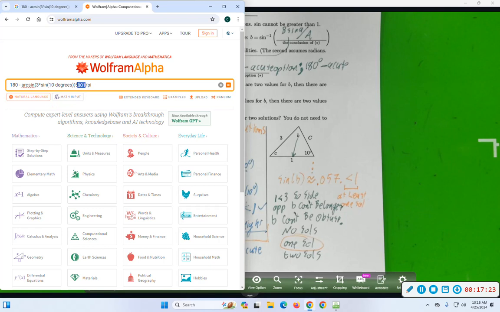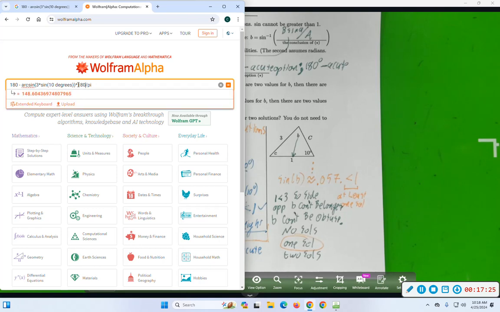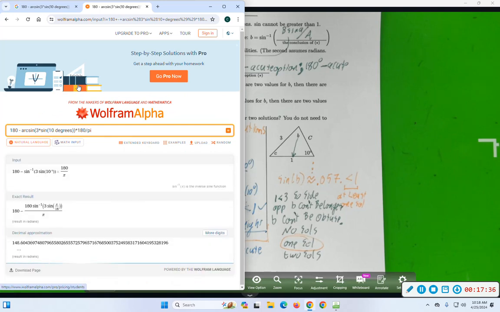Inverse sine will put it into radians. Since I'm using Wolfram Alpha, I need to manually convert to degrees, then subtract it from 180. I get 148.6. So I agree with the 148.